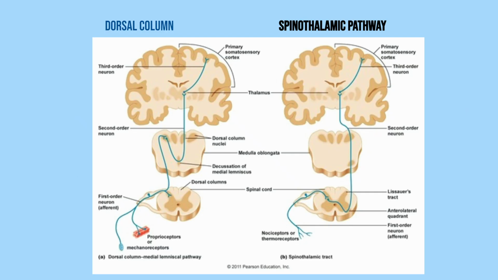And then here's a diagram of what we just said. So the dorsal column pathway crosses over in the medulla, while the spinothalamic pathway crosses over in the spinal cord.